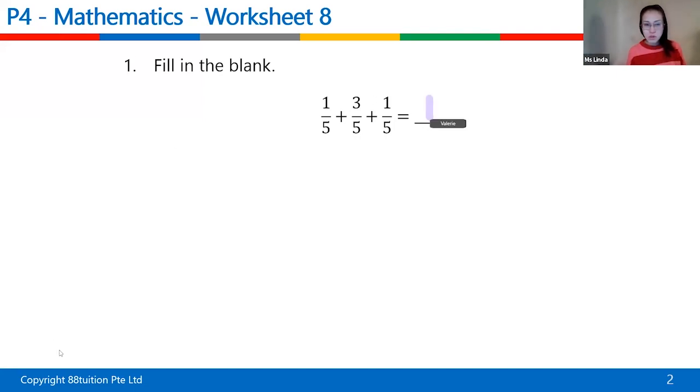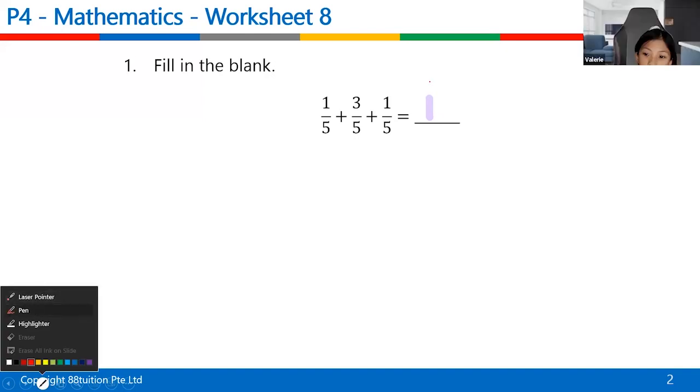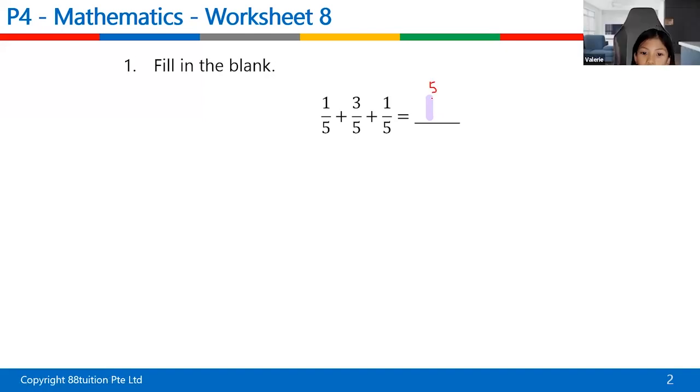So basically, you have 3 plus 1 plus 1, right? You have to write equals 4, plus 1 equals 5, then equals 5 out of 5. Then 5 out of 5, you have to put, equals to 1. So don't just write 1, write the whole thing out.